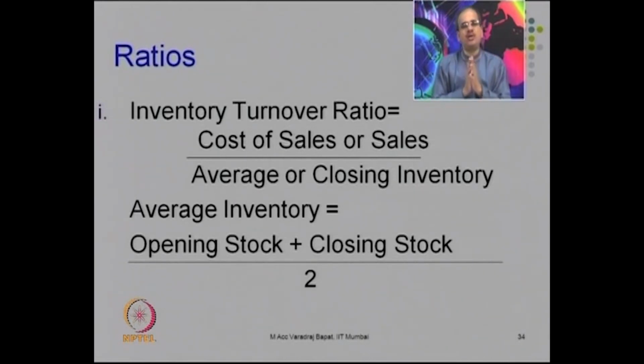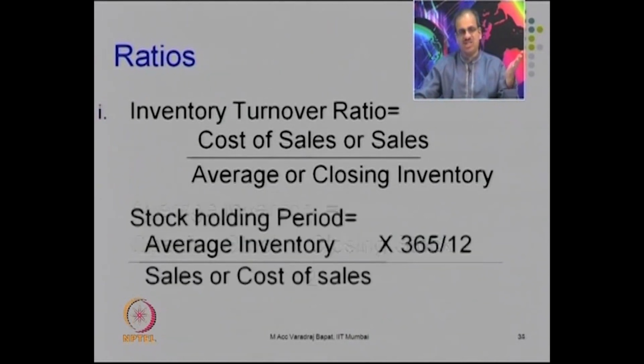Since the stocks are at cost, usually we take cost of sales in the numerator divided by average inventory. If you do not have cost of sales, you can use the sales figure and divide it by average or closing inventory. This will tell you how efficiently the stock is being managed.